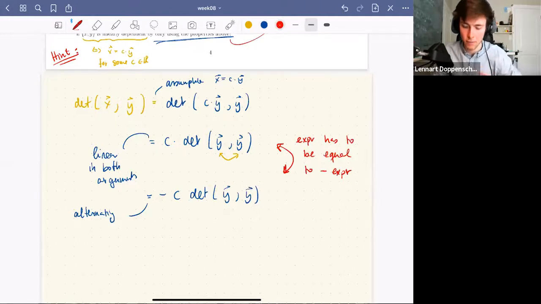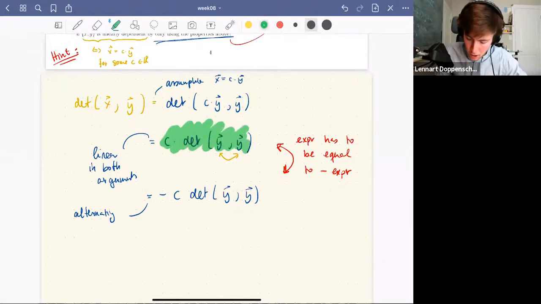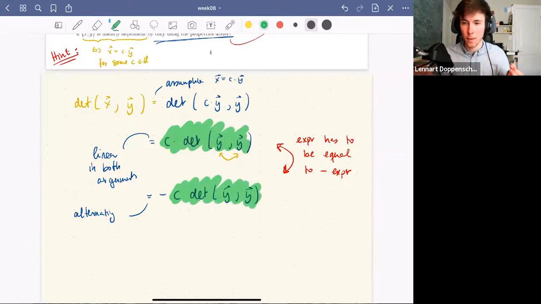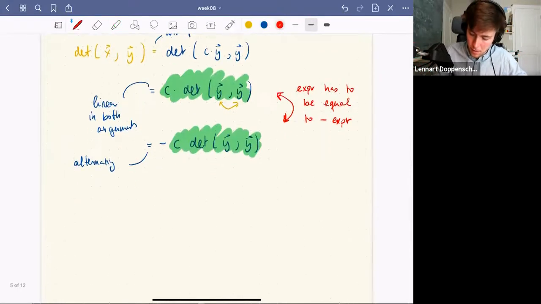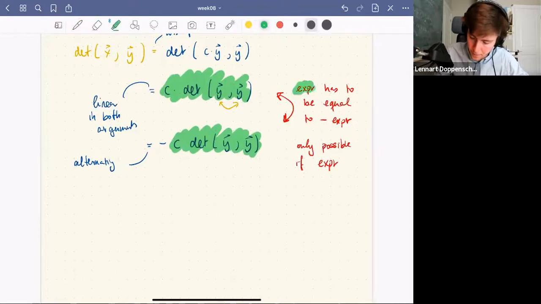So basically, if you have this expression and you have the same expression with a minus sign, then there are two numbers which are equal. Number one is equal to minus itself, but this is only possible if the expression, which I just highlighted in green here, has to be equal to 0.